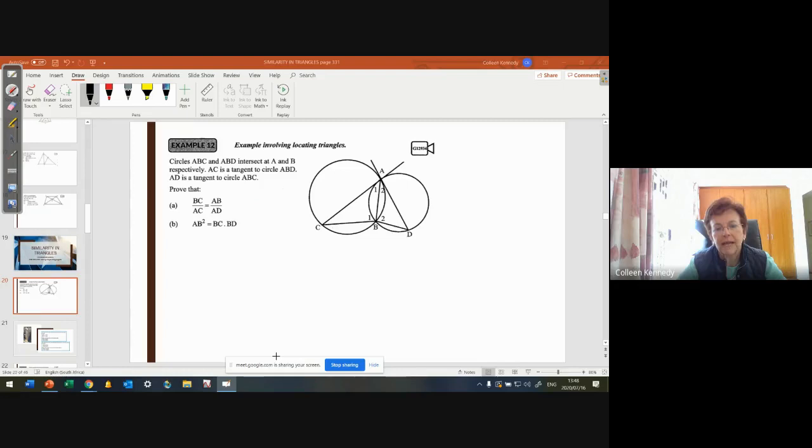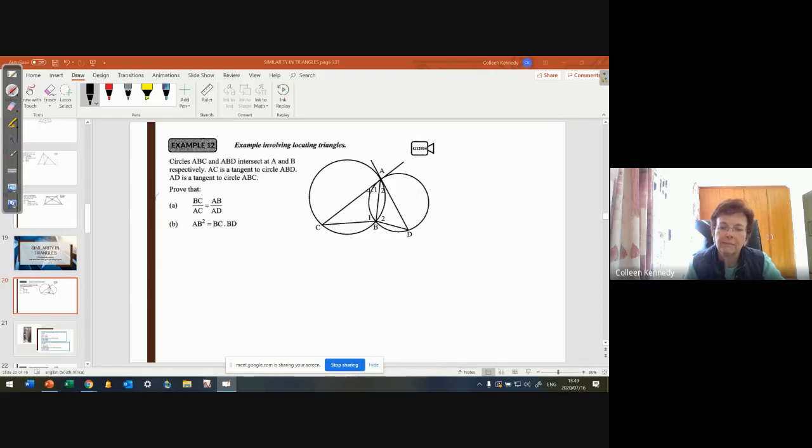It says circles ABC and ABD intersect at A and B, so they share a common chord. Then they tell you AC is a tangent, so it's worth remembering that this is a tangent to the smaller circle.